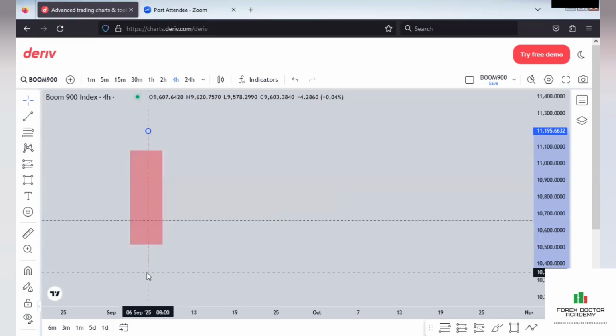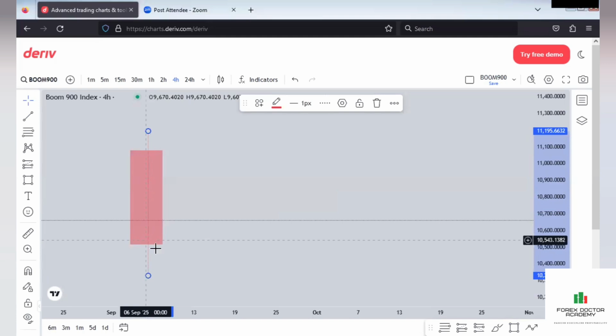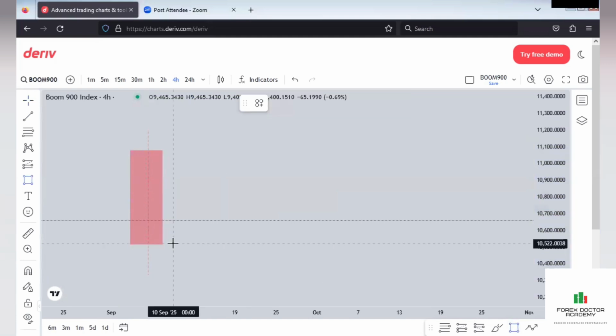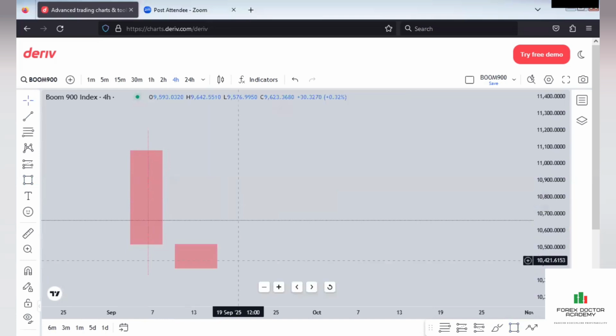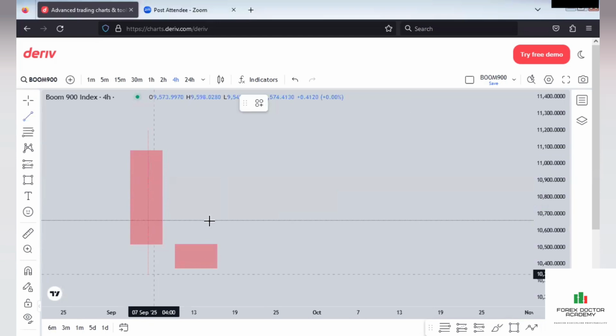So you're first greeted with a source candle, just a regular candle, and then you have a follow-up candle. This follow-up candle does something very unique to this source candle, which is taking out liquidity.